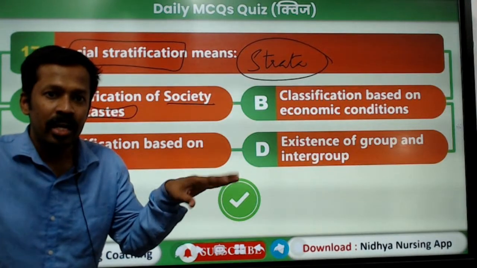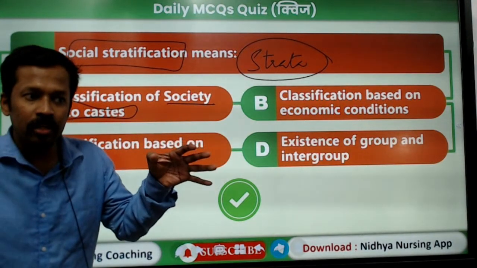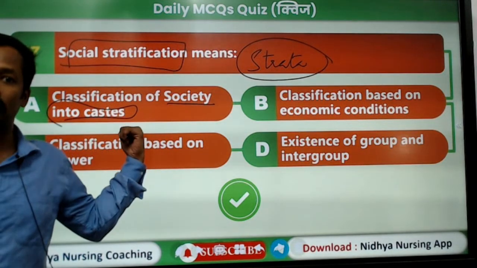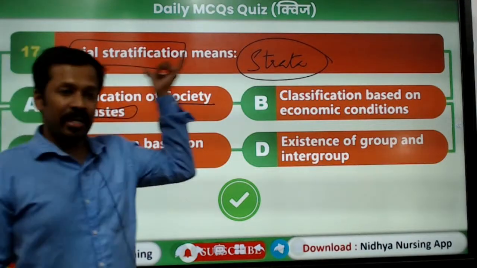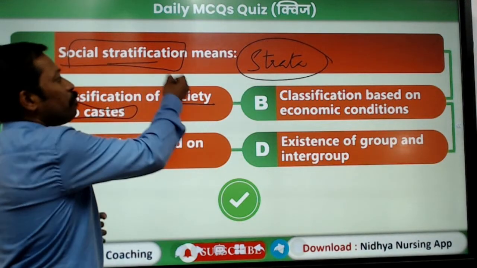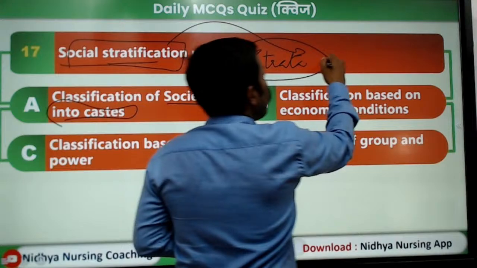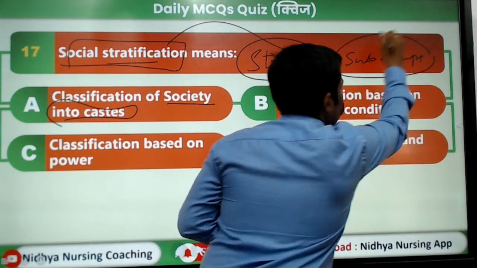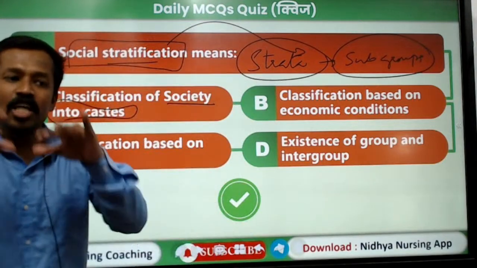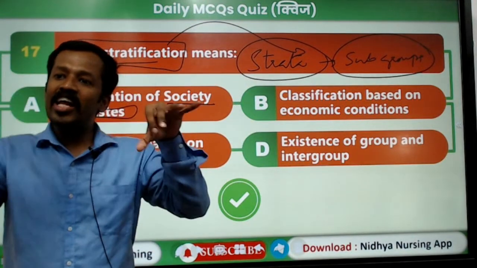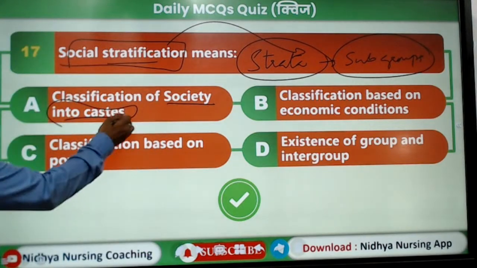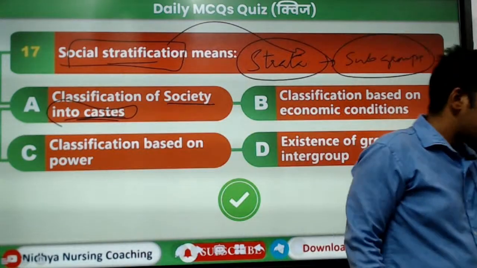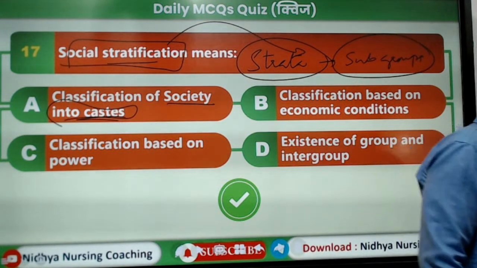The word strata means subgroups. Society is divided into subgroups on the basis of caste. Is it right? Yes. Next one is classification based on economy. Is it a strata?